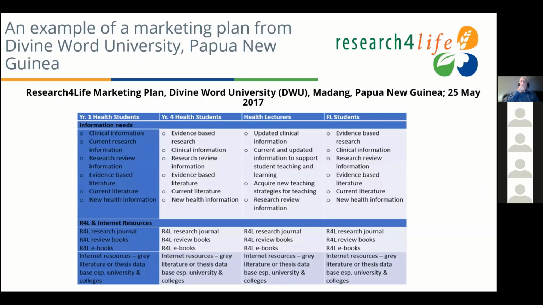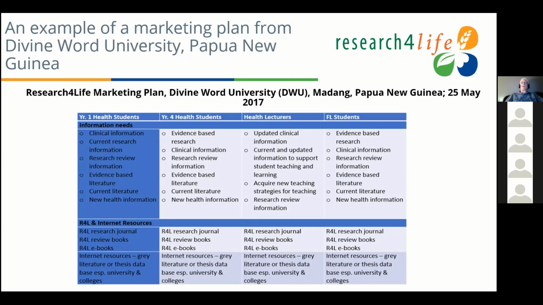So very briefly, this is from 2017, a workshop in Papua New Guinea. And this group put together a very creative and nice marketing plan. So you have year one health students, you have year two health students, you have health lecturers, and you have students that come back for more training, FL students, if I remember that correctly.